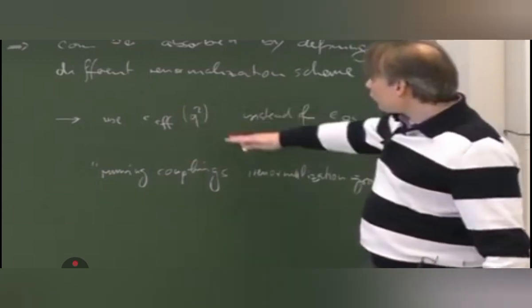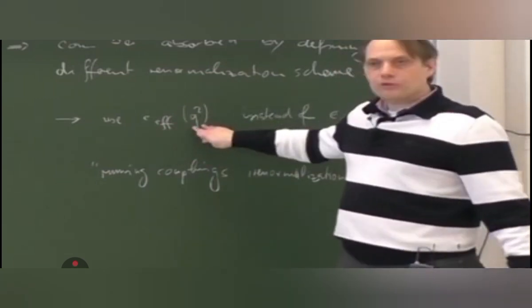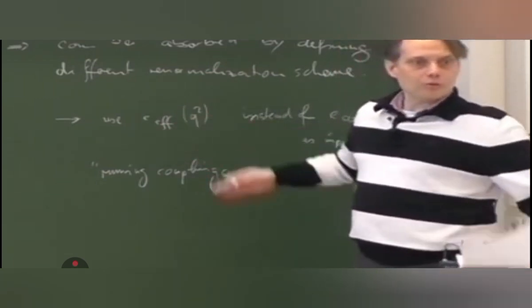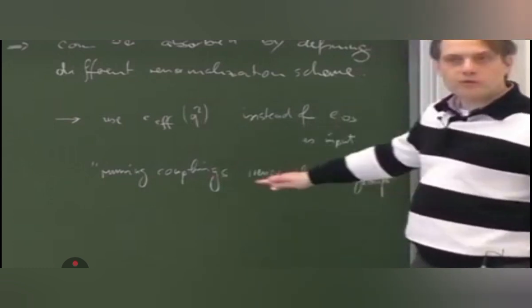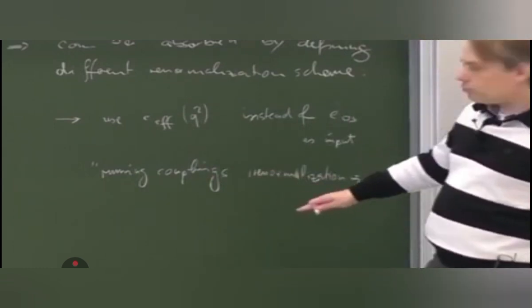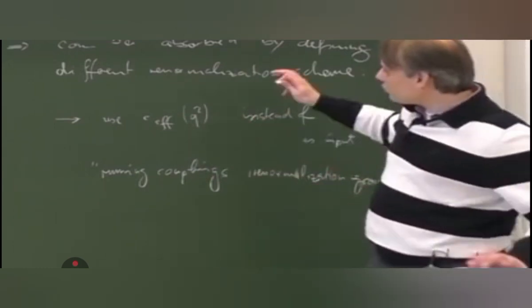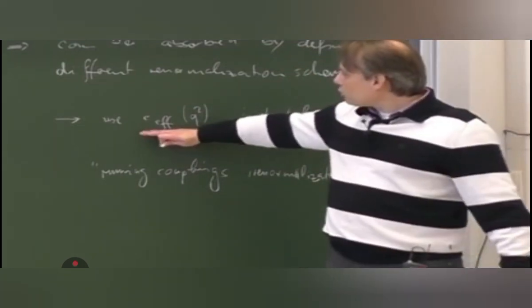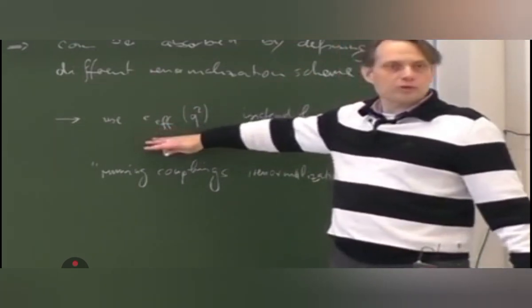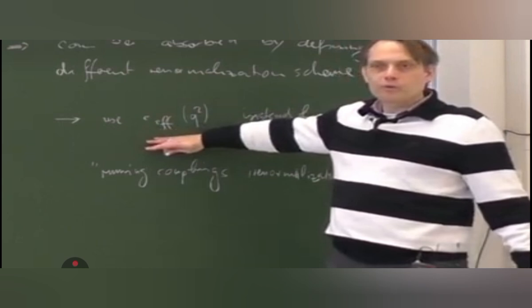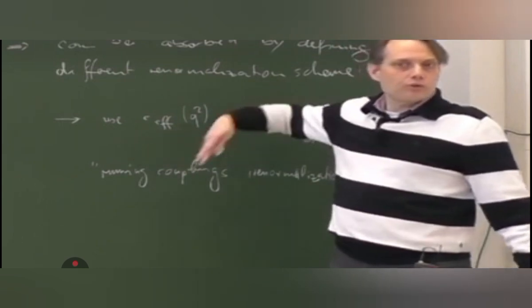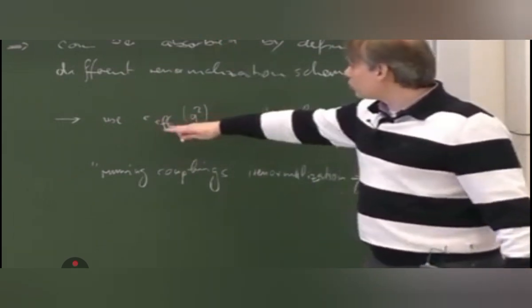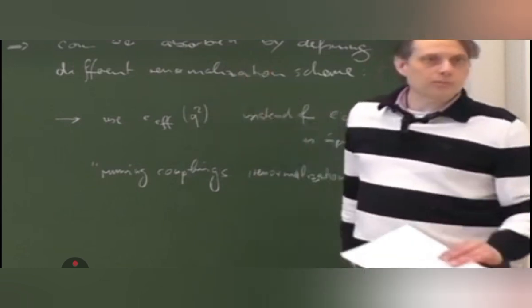And how the different E effectives for the different Q squares are related to each other is predicted by the renormalization group. So the renormalization group gives you a renormalization group equation, which tells you something about the derivative of that with respect to Q square. So you get a differential equation, you can solve it and then predict the running of the coupling as a function of Q square.